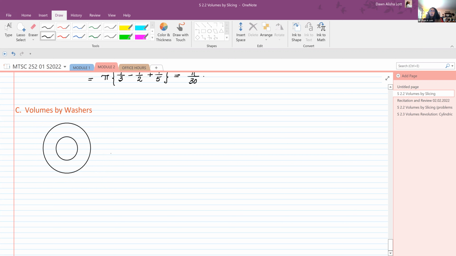And so this is the washer. So notice that if I find the very center, I have two radii, the plural of radius is radii. I have one which starts here and goes all the way to the top. That's the big radius. We're going to call that R.